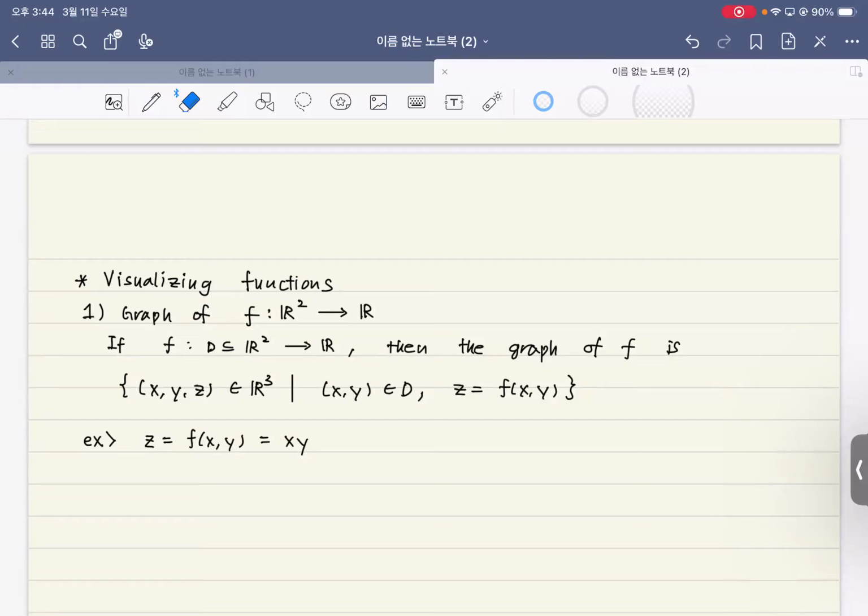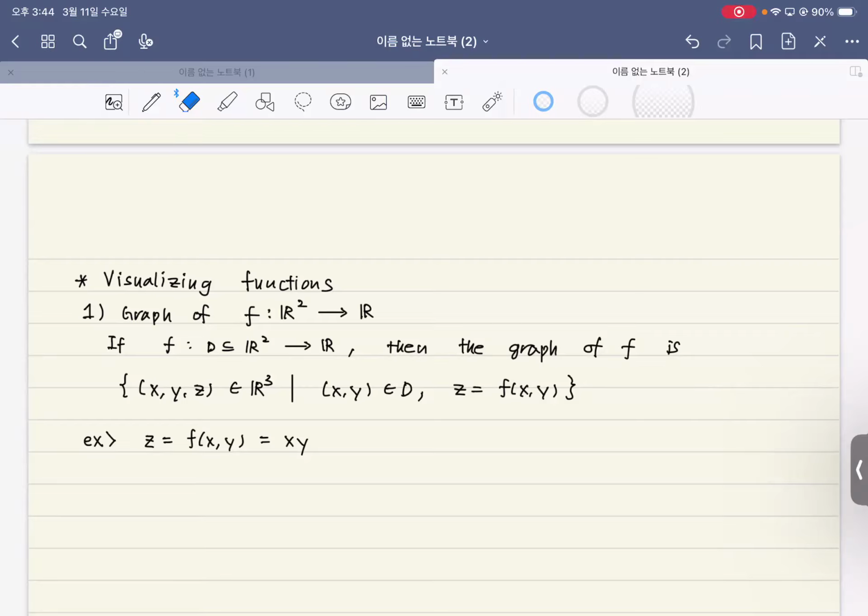But say that this is the x-axis and this is the y-axis. Along the x-axis or the y-axis, the z coordinate should be 0, right? Because along the x-axis, the y coordinate equals 0, and along the y-axis, the x coordinate equals 0. But if I go in the diagonal direction between the x and y axes, the function value should go up.